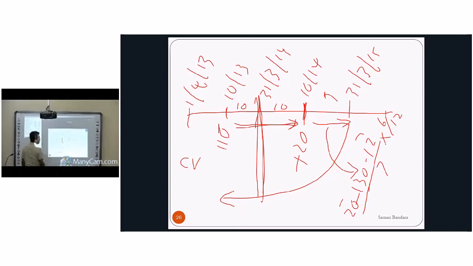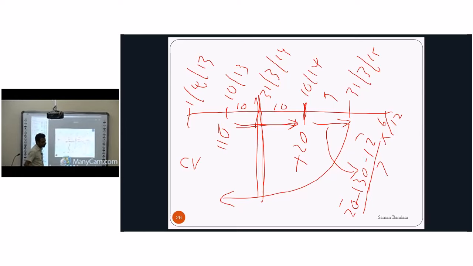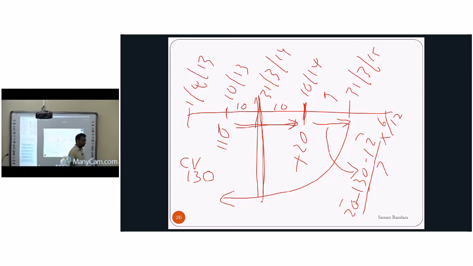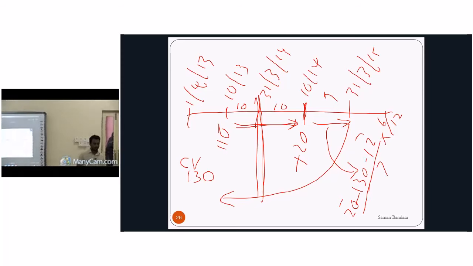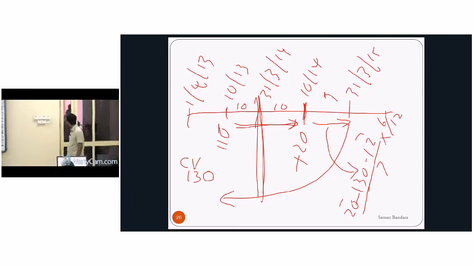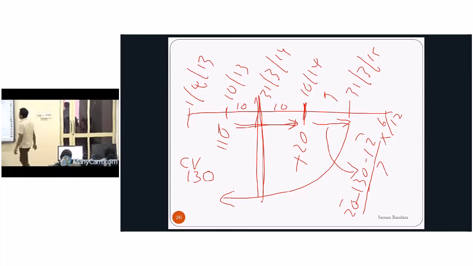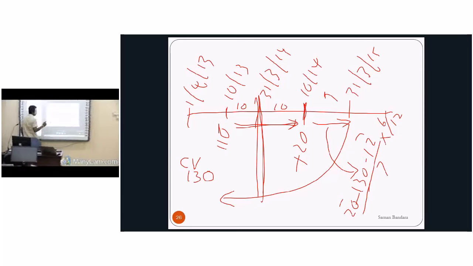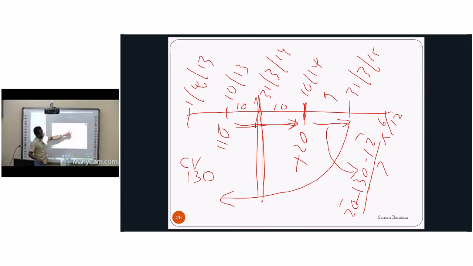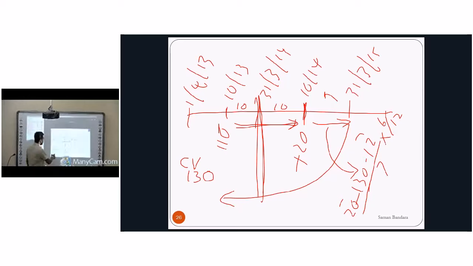What is the cost of the asset? 110 plus that 20, 130. 130 minus total accumulated depreciation: here 10, here 10, here 7, altogether 27. This is my carrying value on the balance sheet: 103.